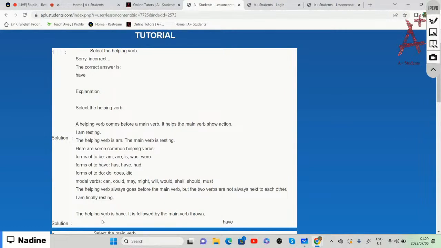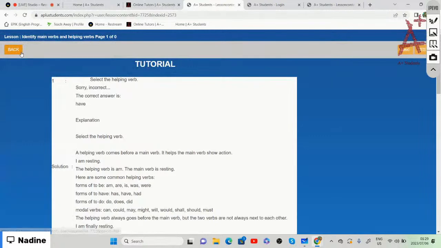And remember the helping verb always comes before the main verb, right? But the two verbs are not always next to each other, right? So that is the helping as well as the main verb, right?